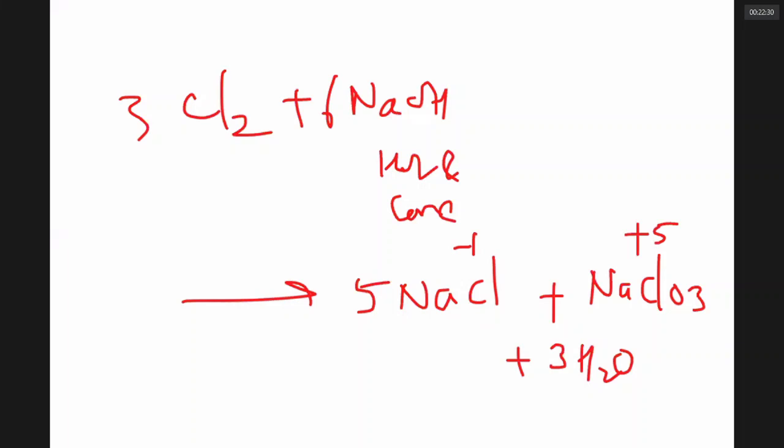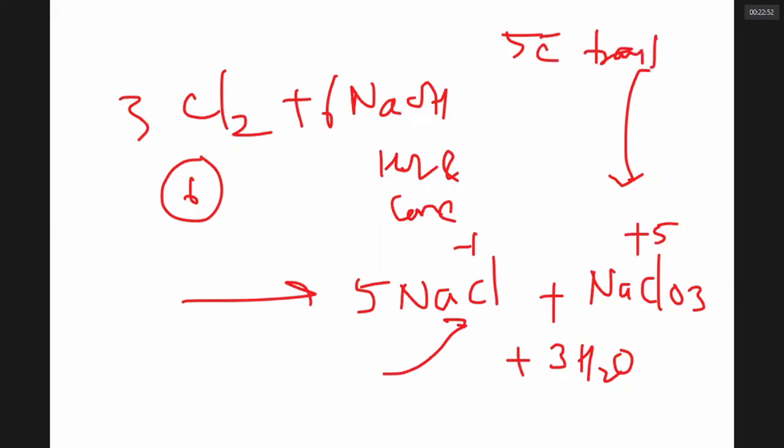So, sir, 1 chlorine lost 5 electrons, out of a total of 6 chlorines. 1 chlorine lost 5 electrons, 5 chlorines gained 1 electron each. So how many electrons are transferred? Total 5. 5 electrons are transferred from 1 chlorine to 5 other chlorines. 6 chlorine atoms were involved.